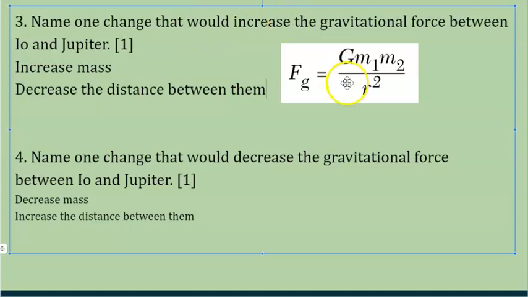So if you want to make Fg bigger, you could increase something in the numerator or decrease something in the denominator. We've spent more time in class talking about increasing these variables, so that may come more naturally to you. If we increase mass 1, Fg increases. However, if we increase r, Fg will decrease. So that could be your answer for question 4, increase the distance between them, or increase r.